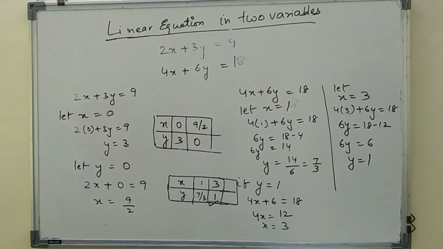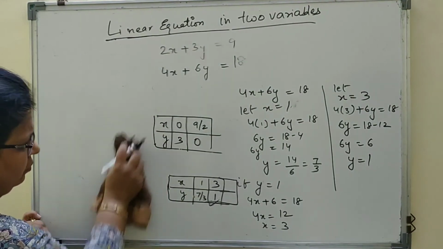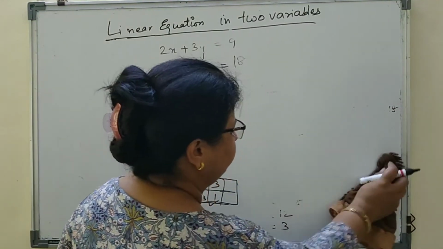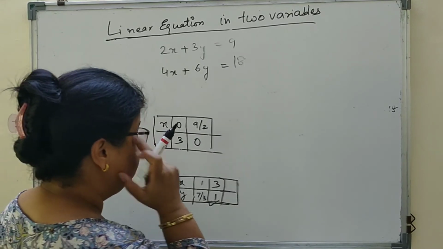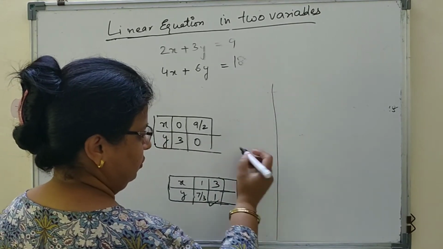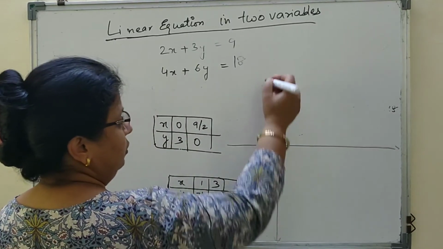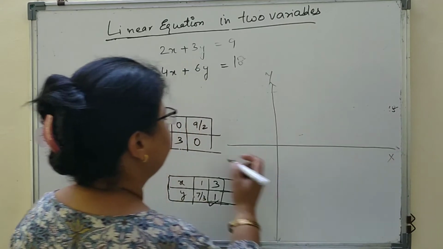Now, how to plot these values? Well, first of all, this is my y-axis, this one is the x-axis.